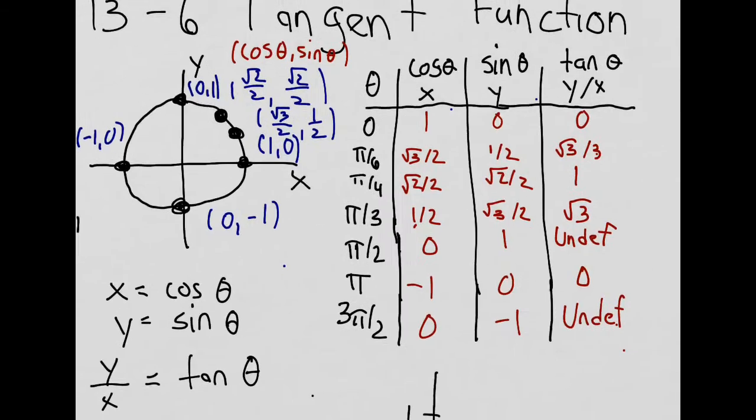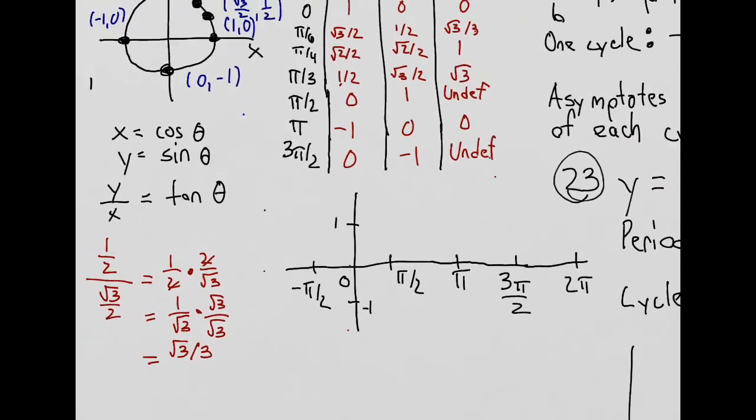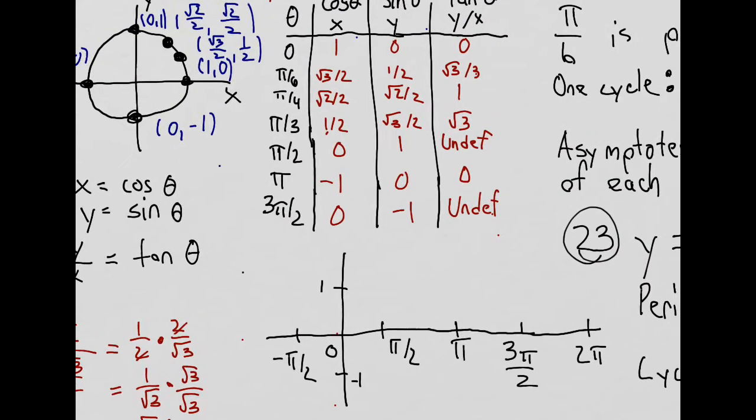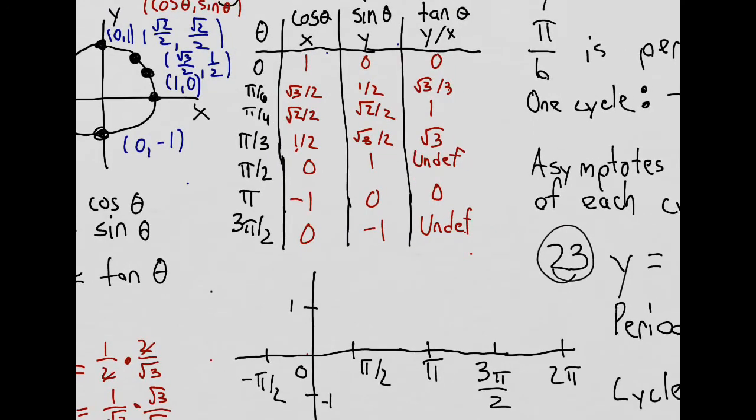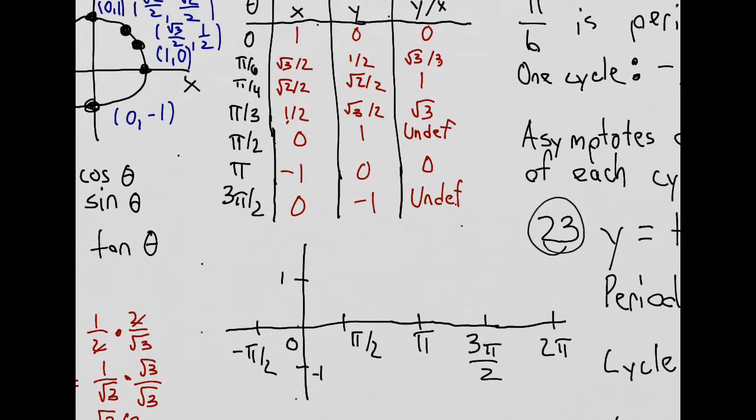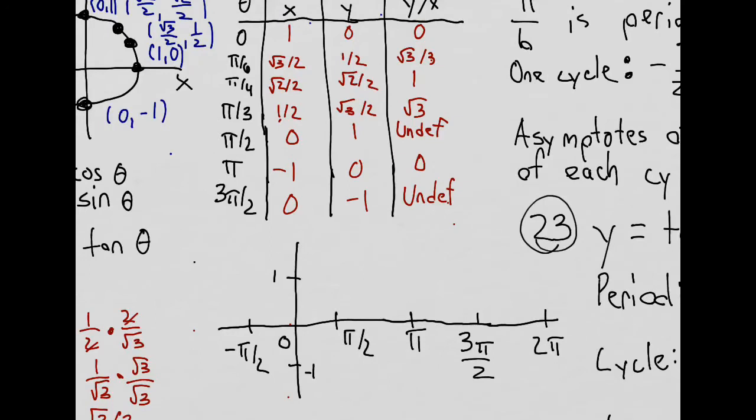Now, what does the graph of this look like? This graph actually looks quite different than sine and cosine. Remember that when we worked with other equations, whenever we had something that was undefined, that typically meant you're going to have what's known as an asymptote. So I'm going to draw those in.